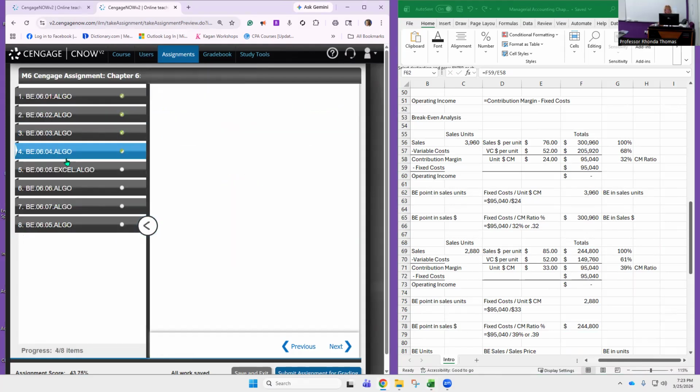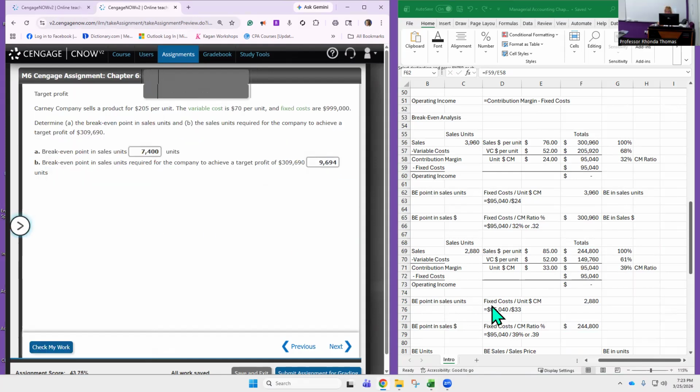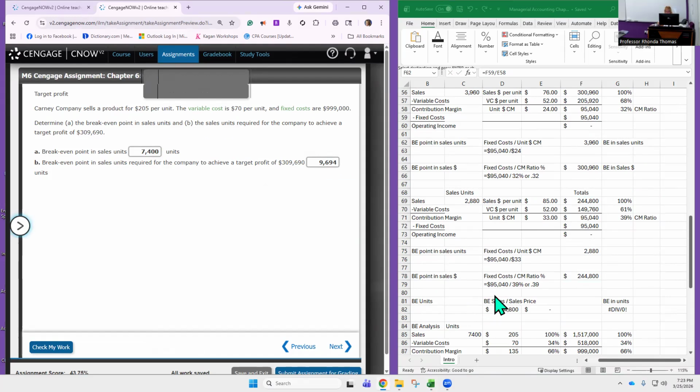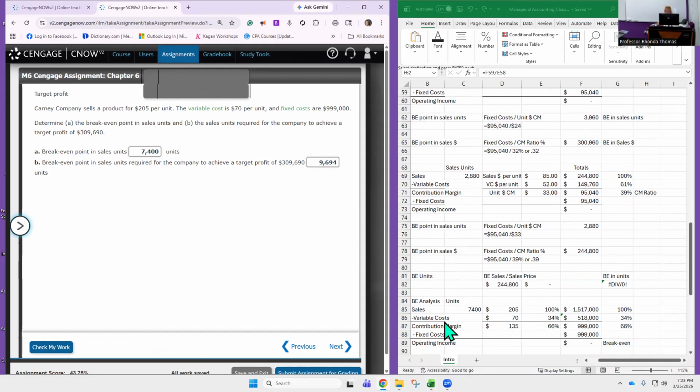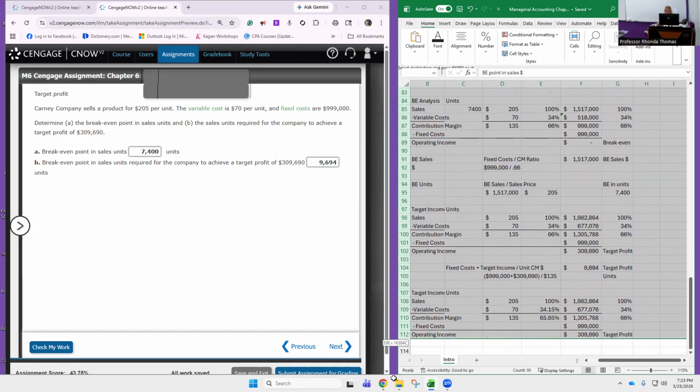Okay, now we're going on to the target profit. Well, kind of use some of the same idea here. Okay, so I just did that one. And I can get rid of this.